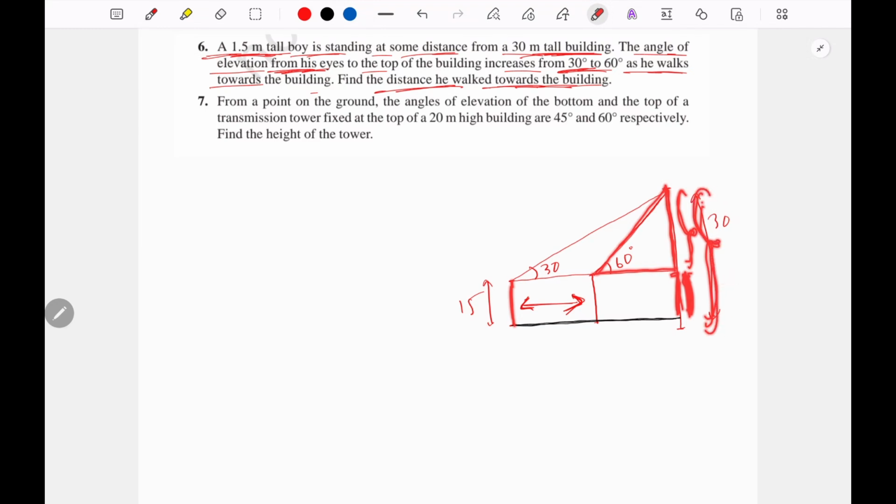So from the total 30 minus 1.5, we will get this side. So we have one side of a right angle triangle, then we can calculate this side, since we know the angle of this is 60 degree. Now if this is the angle, this is B, base, and this is P, perpendicular. So we know the relation between P and B. From that relation we can find this value.